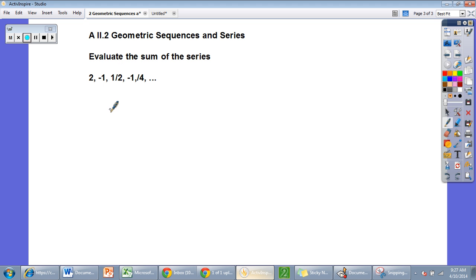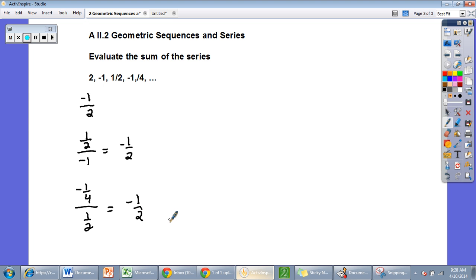So is it geometric? So I would divide the second term by the first term, so -1 over 2, well, that's -1/2. Then I would divide the third term by the second term, so 1/2 over -1, well, that's -1/2. And lastly, I would check, looks like I made a typo here, this is supposed to be -1/4, but -1/4 over 1/2 is also -1/2.